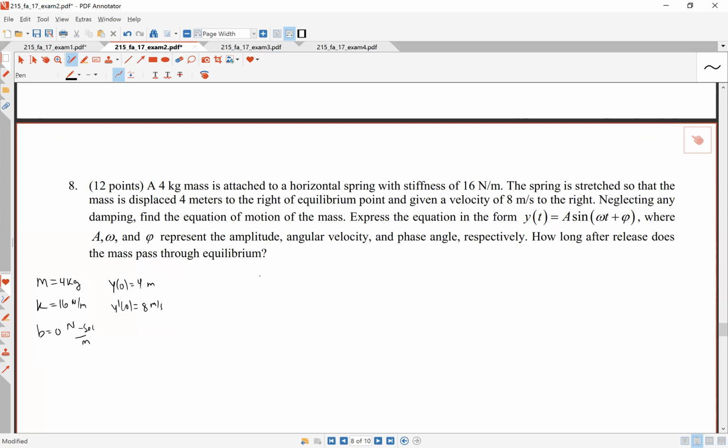And so our equation was my double prime plus by prime plus ky equals any external force. In this case, we're not driving it with anything.